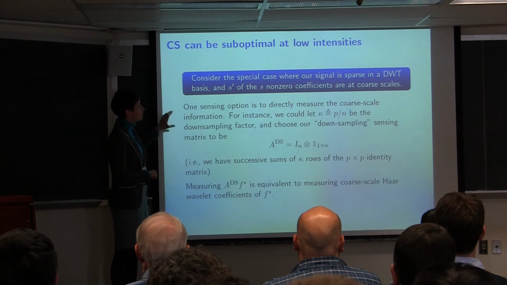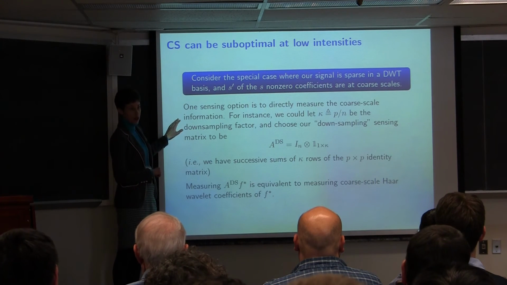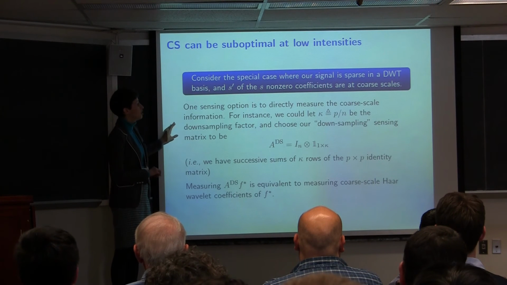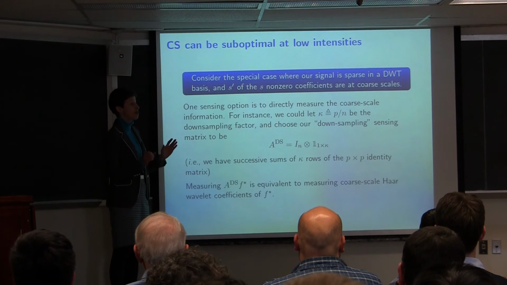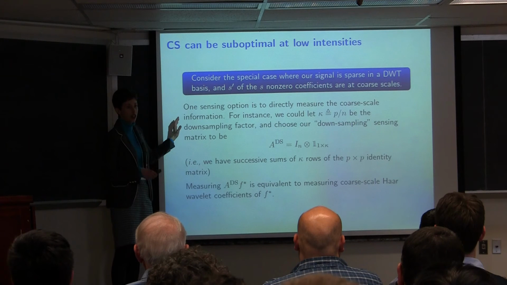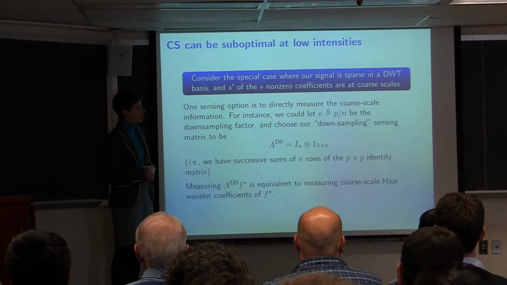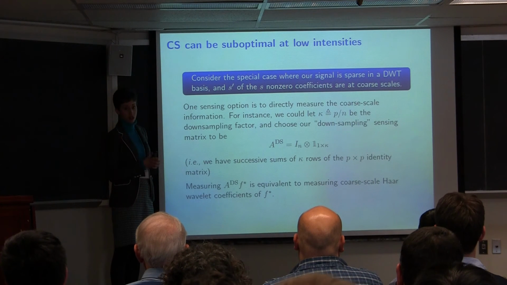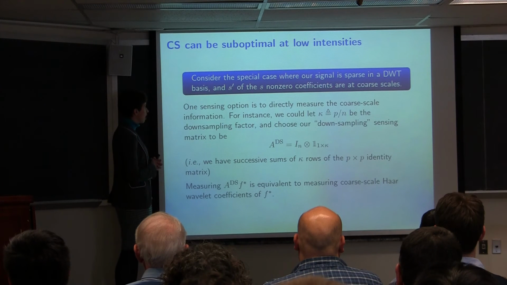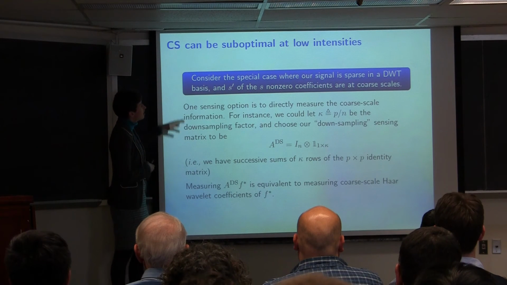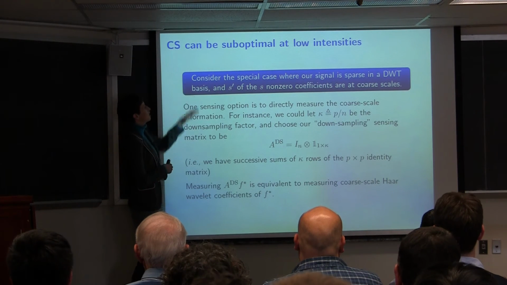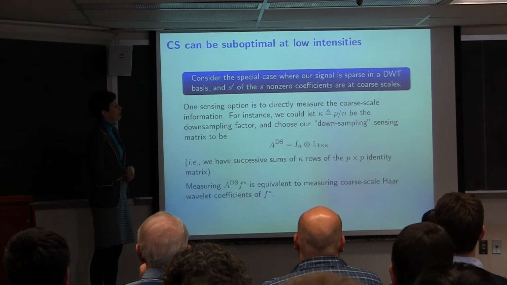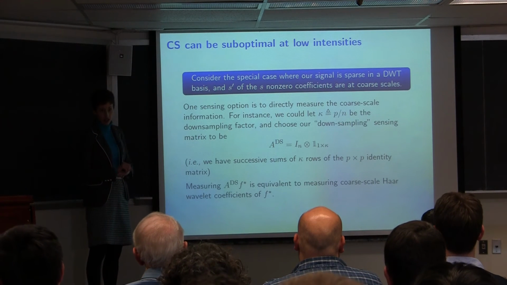The alternative measurement scheme that I'm going to consider here is just simple downsampling. If you want to think about a camera, this corresponds to a really low resolution camera, and that's what people actually use in practice for low light imaging for the most part. We're going to consider a special case of sparse signals where we are sparse in a wavelet basis.